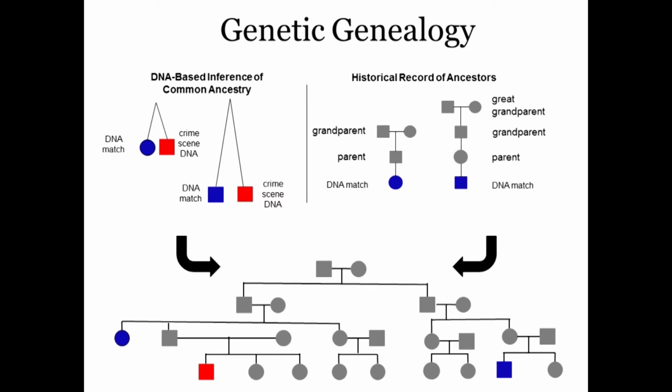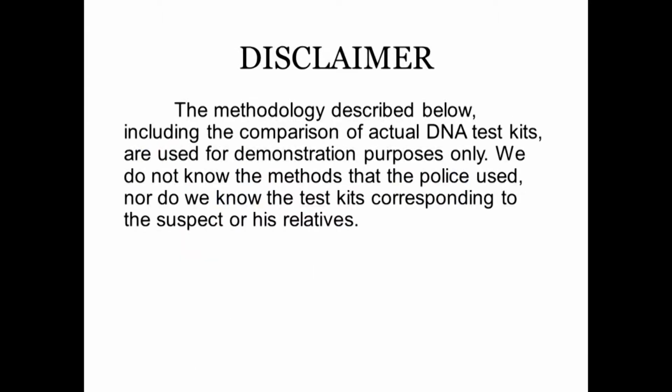How we do that is by reconstructing an extended genealogy of these common ancestors and then using these genetic relationships to narrow our search window. And I'll talk about how we can go about doing that.